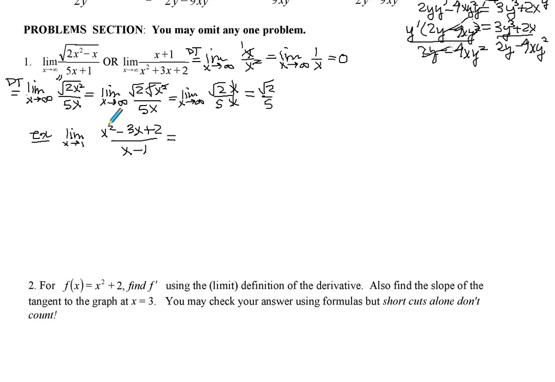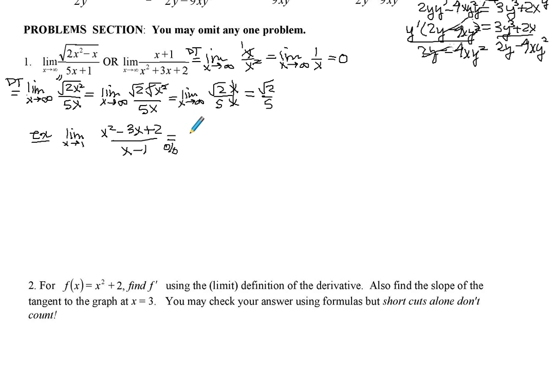Notice if you plug 1 in here, you get 1 minus 3 plus 2, which is 0, and 1 minus 1 on the bottom, 0 over 0, which means you've got to do some more work here. Either algebra or looking at one-sided limits, or sometimes multiplying by the conjugate, common denominator, those kinds of things.